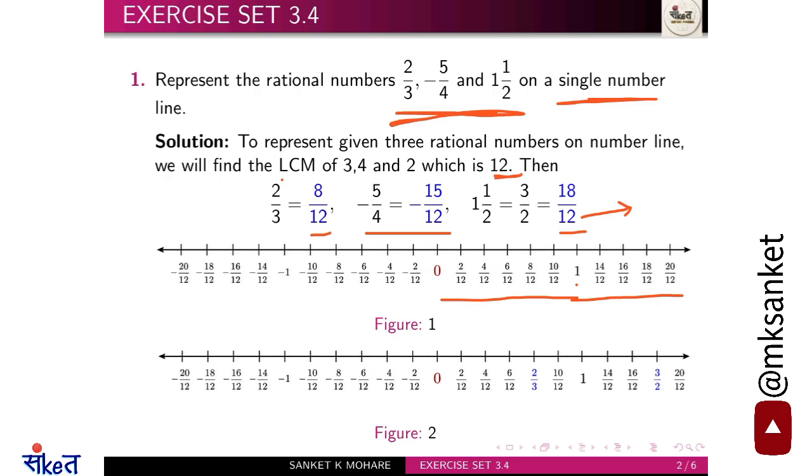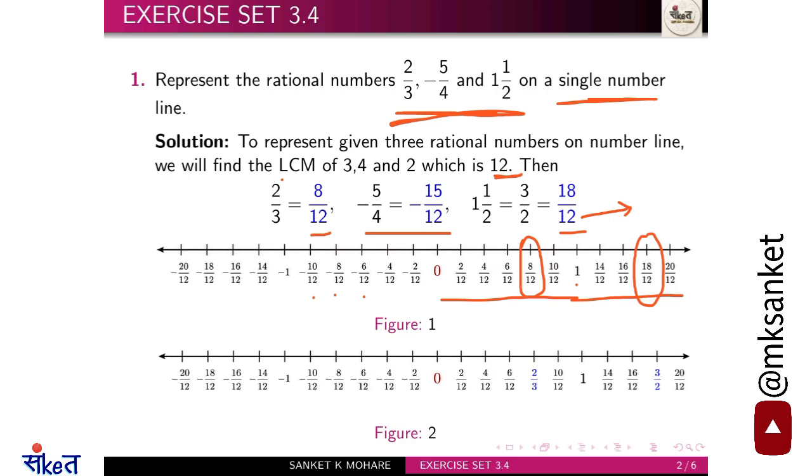Now to represent 8 by 12, we have to check on the right side. So here is our 8 by 12. 18 by 12 is also a positive number, so 18 by 12 is here. Now it remains to represent negative 15 by 12, so we have to check on the left side: 2, 4, 6, 8, minus 10, minus 12 by 12, that is negative 1, minus 14 by 12, minus 16 by 12.